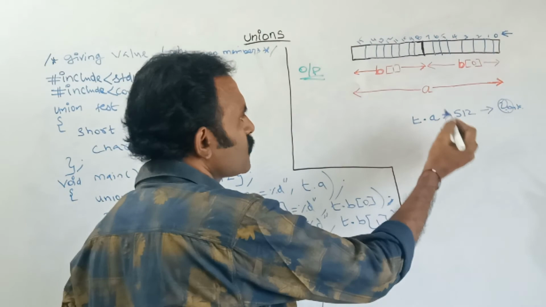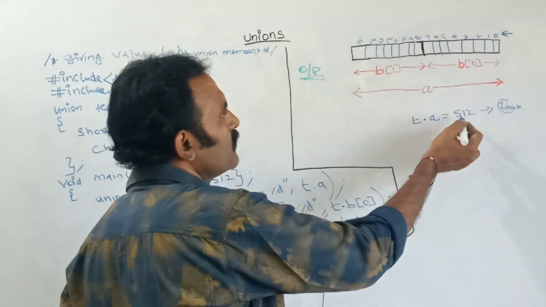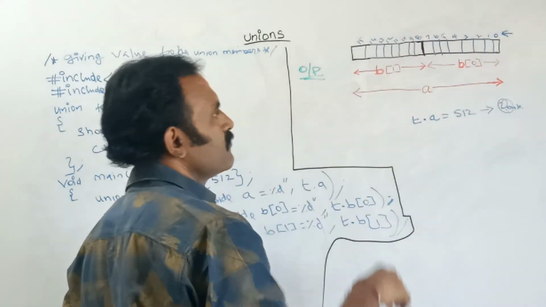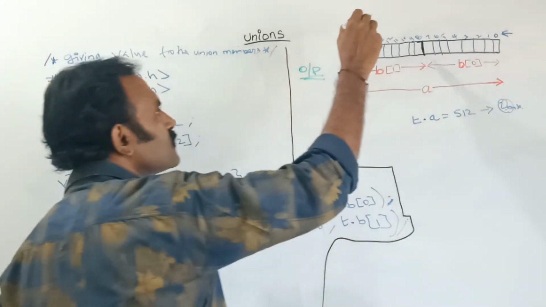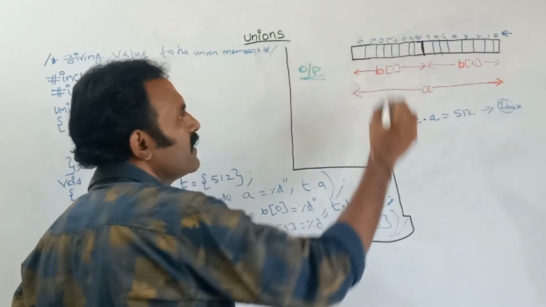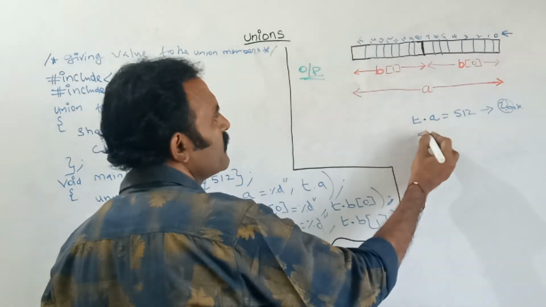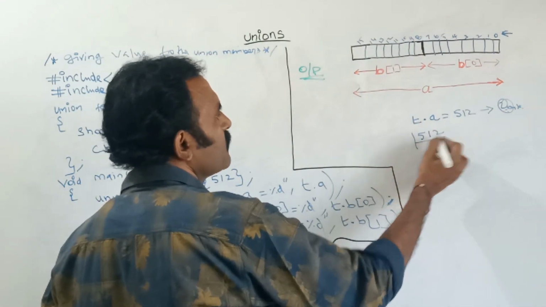See, while storing in the memory, this 512 will be stored in binary format. Suppose if you are giving the value 512, when storing in the memory, it will store the binary value like this. See here, what is the binary value of 512?